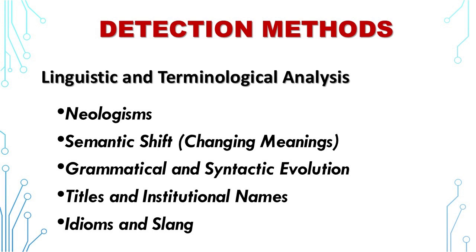Another thing we consider is grammatical and syntactic evolution. The way we structure sentences changes over time. For example, the use of the auxiliary "do" in questions in early modern English, like Shakespeare's time. Instead of "do you go?", at that time it was still evolving.